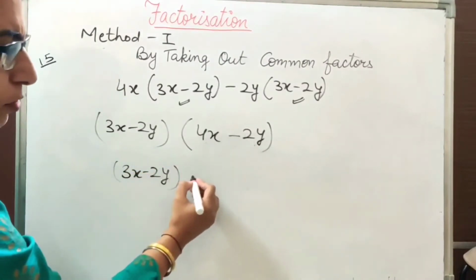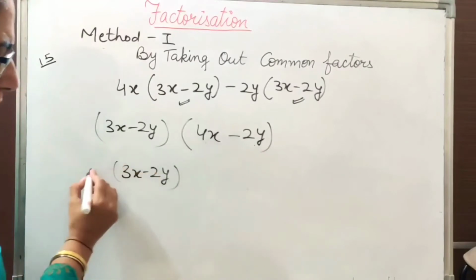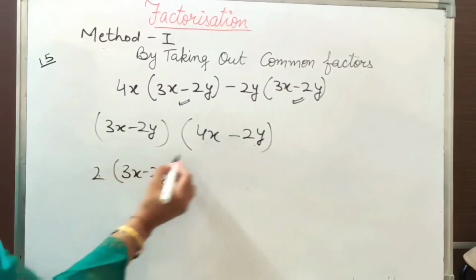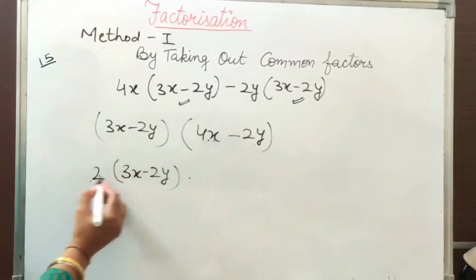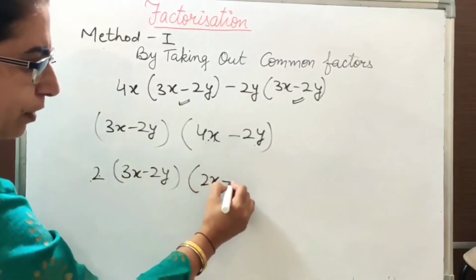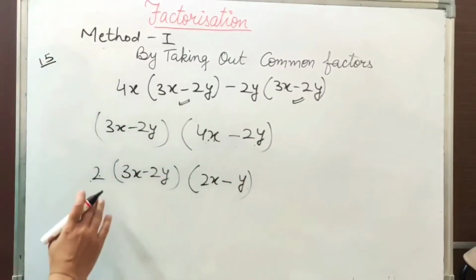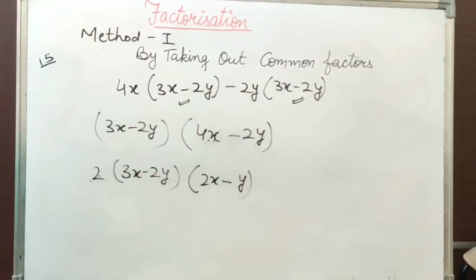You can write the 2 here or here. So better to write 2 here. So we are taking out 2: 4x divided by 2, 2x is left, and minus 2y divided by 2, minus y is left. So these are the factors of this algebraic expression.